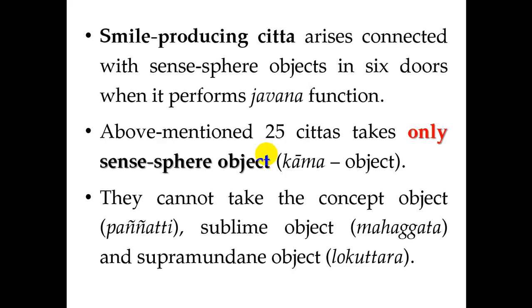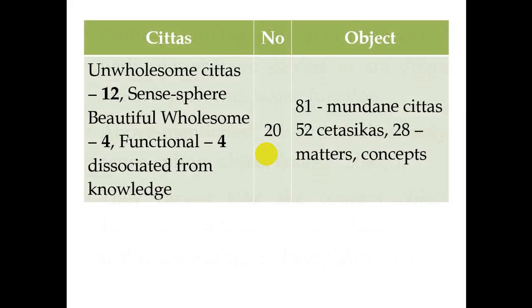Okay, then let's go. 12 unwholesome chetas, 4 sense sphere beautiful wholesome chetas, and 4 sense sphere beautiful functional chetas, which are dissociated from knowledge.